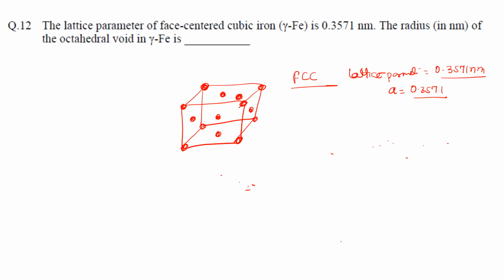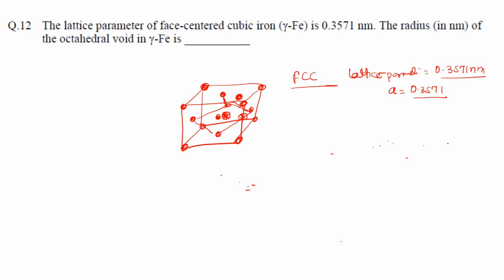Now if you see the location of the octahedral void, it will be at the body center and it will also be at the edge center, right? Because at the body center, it is surrounded by 1, 2, 3 and this face center atom, 4, right?